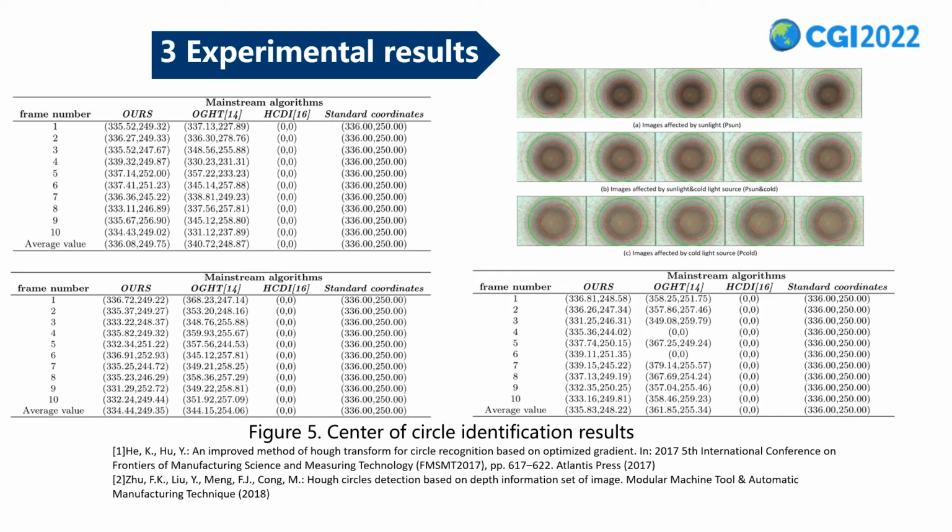And it can be seen that our algorithm identifies the circle centers within an acceptable error range. The OGHT algorithm identifies the circle centers, but with a large error, and the HCDI method does not identify the circle centers on the corresponding image.